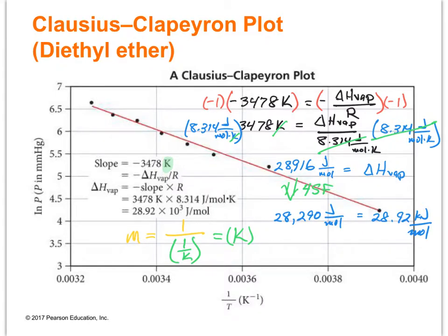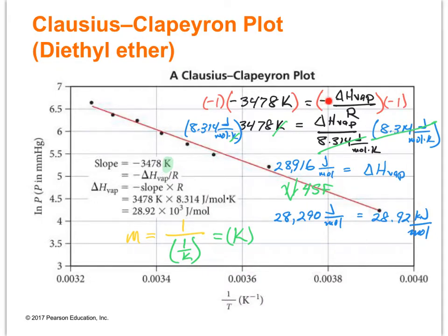Right? So if we start out with this, what I wrote in black, which is our slope, negative 3,478 Kelvin, is equal to the slope term of our equation, which is negative of the heat of vaporization over R. Since we've got a negative on both sides, we can multiply both sides by negative 1.